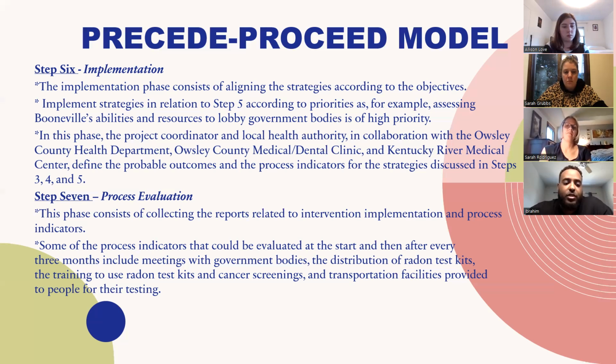The project objectives that were established during the assessment phase, as well as reporting on the intervention programs and relevant strategies, are some of the aspects that could be considered in the process evaluation. For example, this phase would be where you could evaluate on a regular basis, meeting with the local resources, as we talked about earlier, distribution of radon kits, training, and the transportation provided to people for their testing.